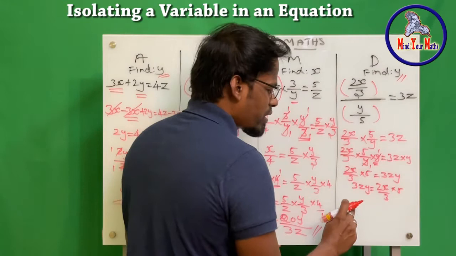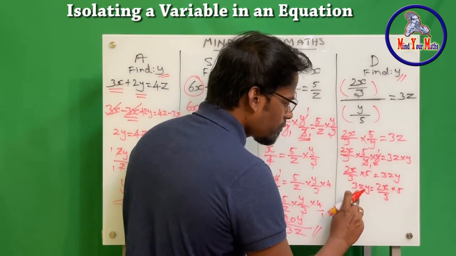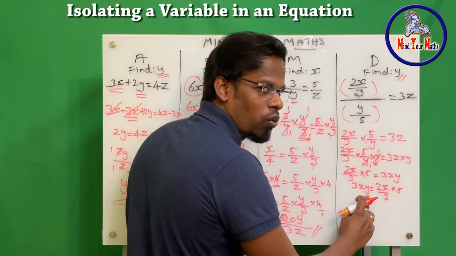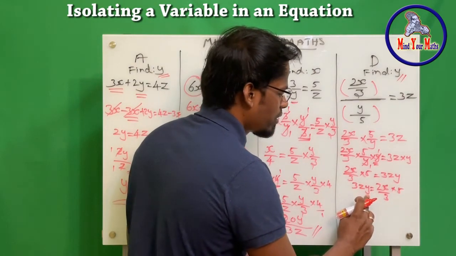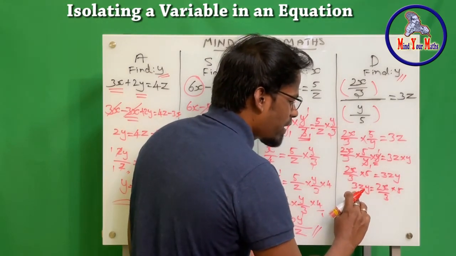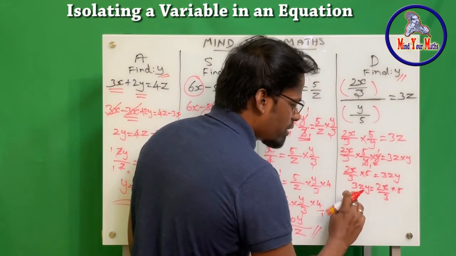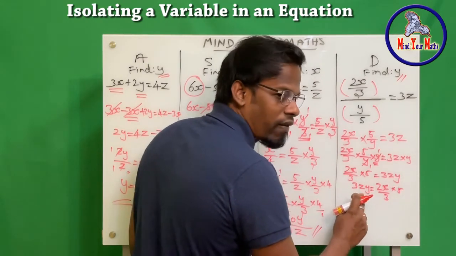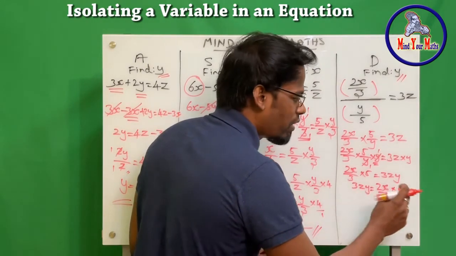Okay, so now we need to cancel the 3z here, right? Because we just need to have only y on the left side. So what do we need to do? Yes, we need to divide the left side using 3z. Because we divide on the left side, we need to also divide on the right side.